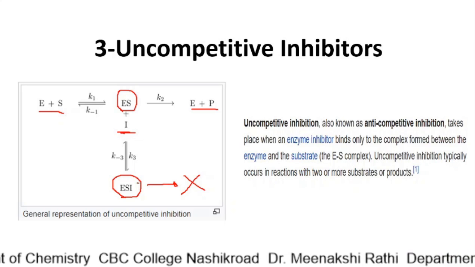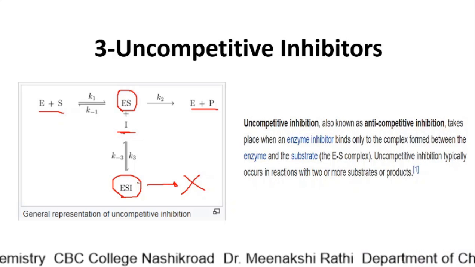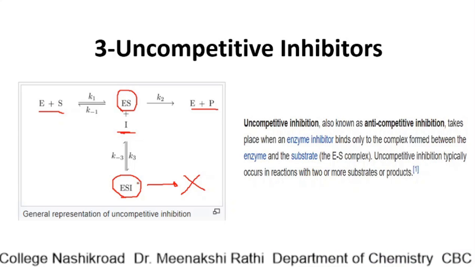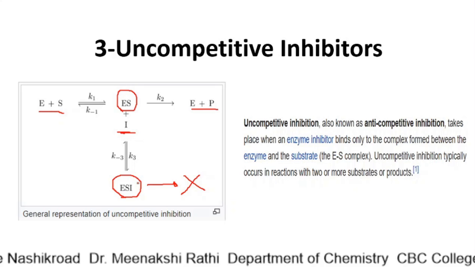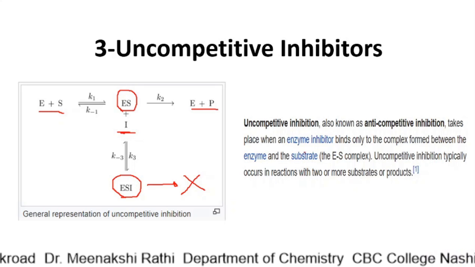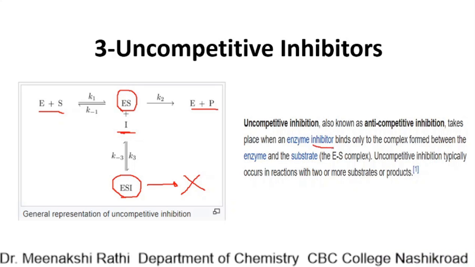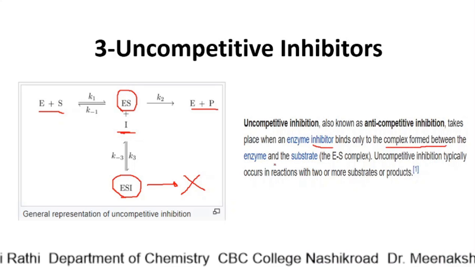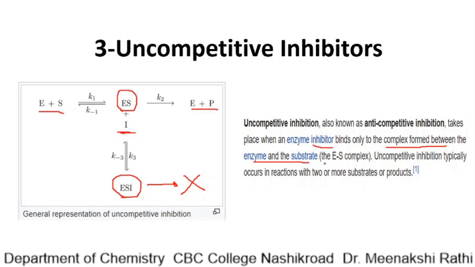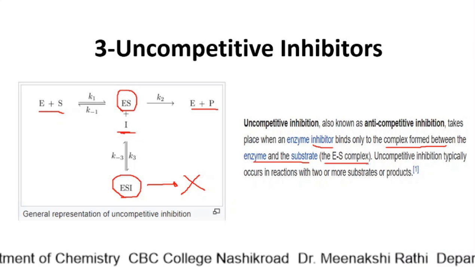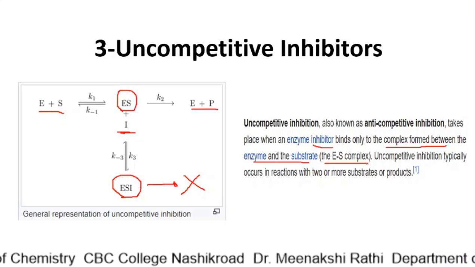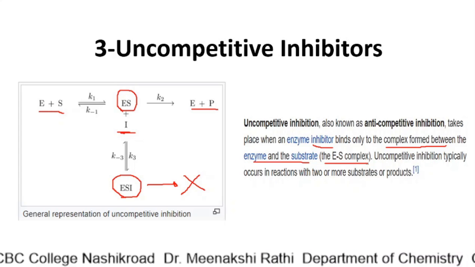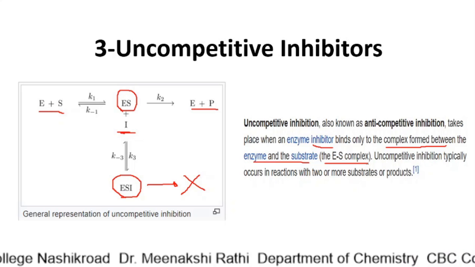So we can define uncompetitive inhibition, which is also known as anti-competitive inhibition, as inhibition that takes place when an enzyme inhibitor binds only to the complex formed between the enzyme and substrate, the ES complex. Uncompetitive inhibition typically occurs in reactions with two or more substrates or products.